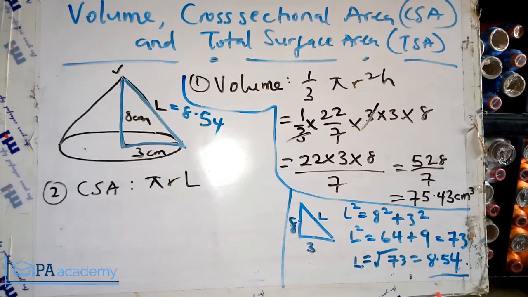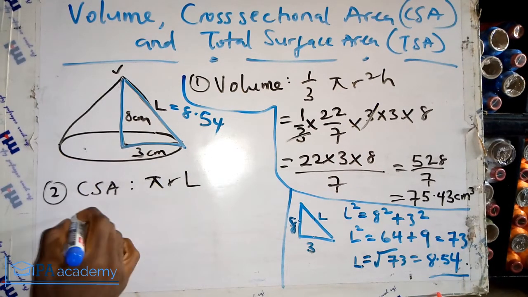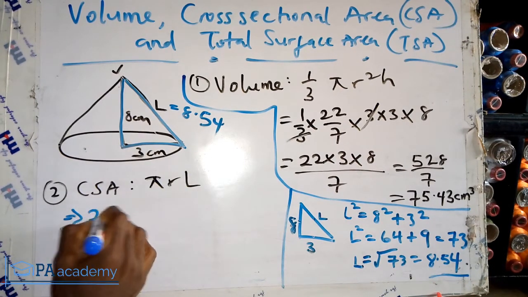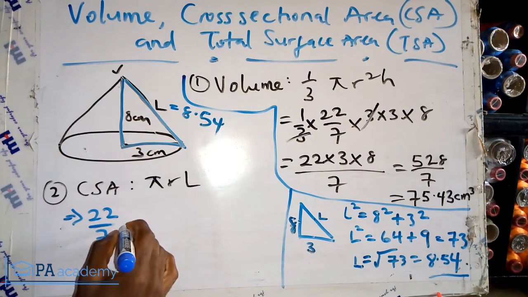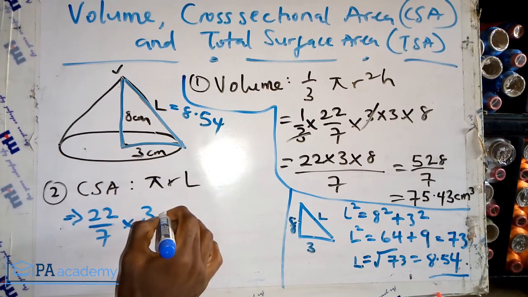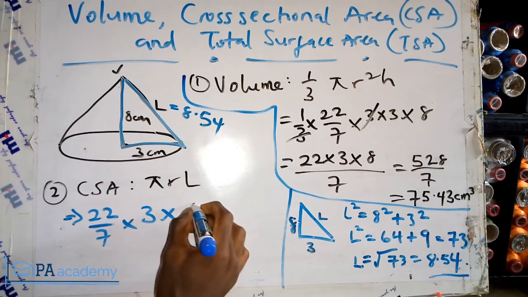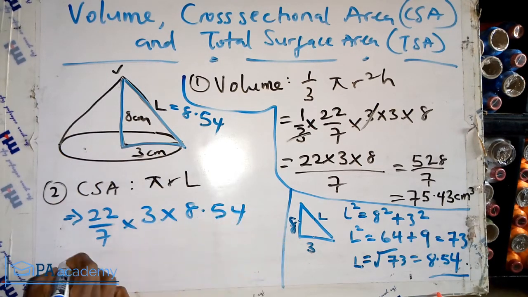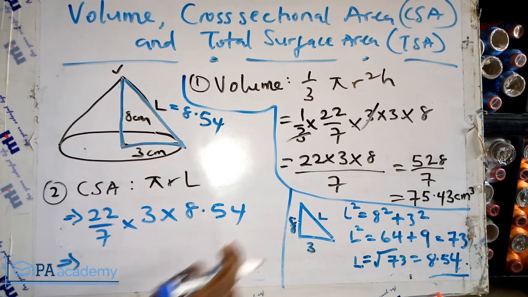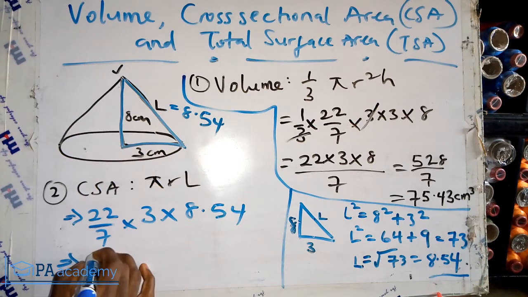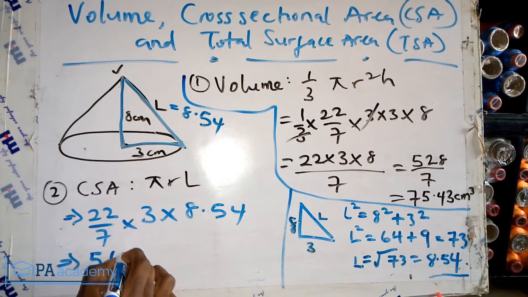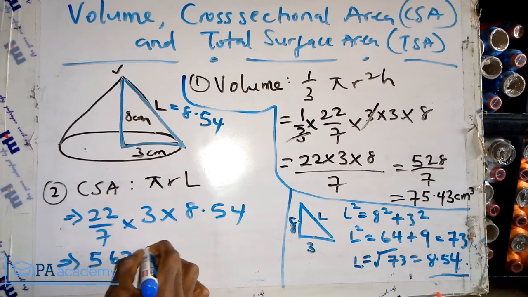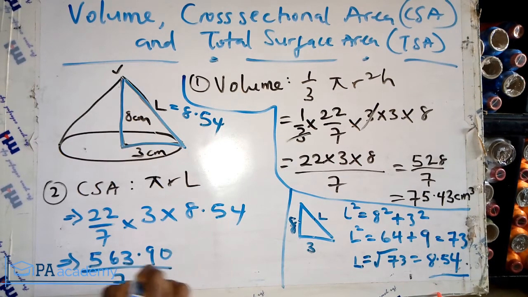Now we can calculate the curved surface area. That will be our pi, which is 22/7, times our radius, which is 3, and then the length is 8.54. So if you multiply 8.54 by 3 by 22, that's 563.90, divided by 7.